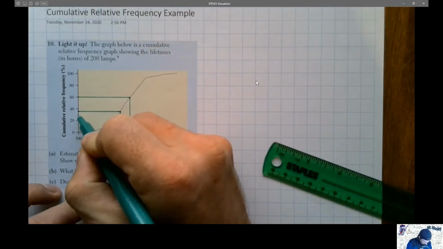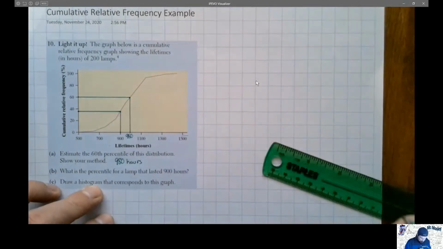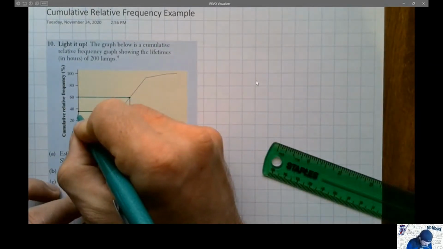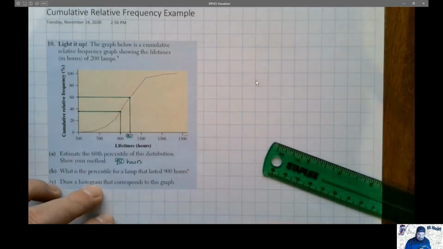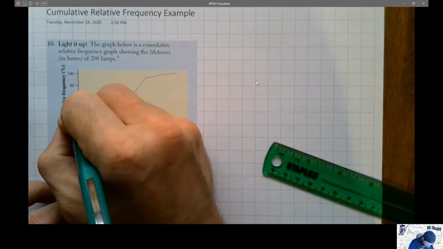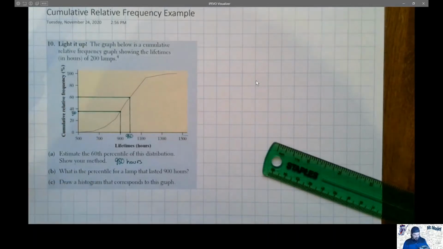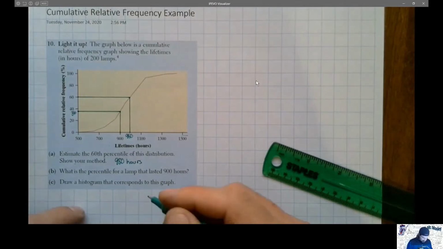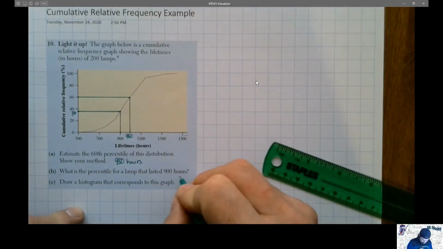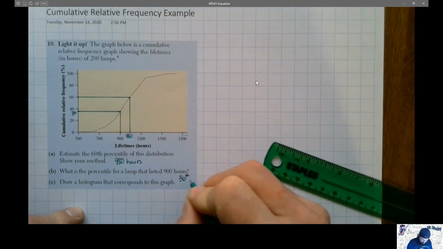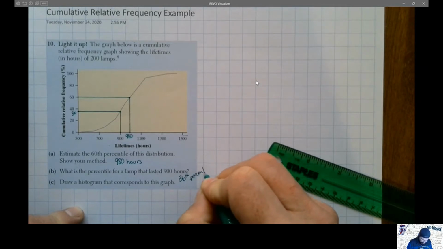Halfway would be 30. We're going to estimate this at like 36, give or take. Again, we're estimating. An estimate is okay. We don't have enough information to get any more accurate than this. So the percentile for a lamp that lasted 900 hours, we're going to say the 36th percentile.